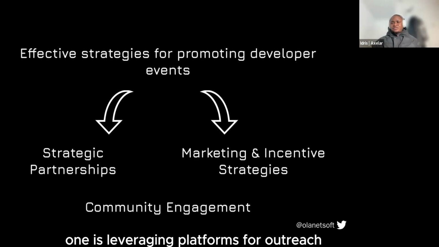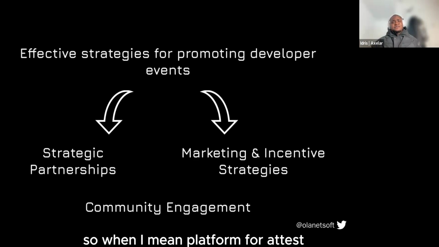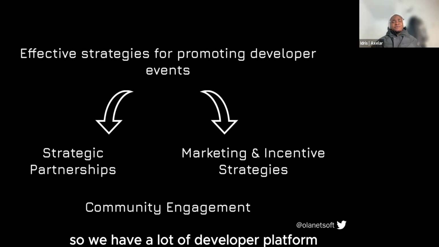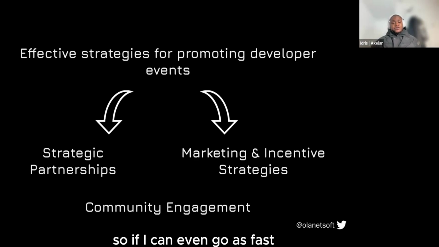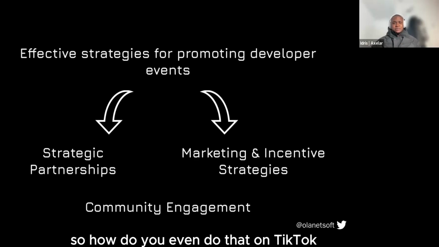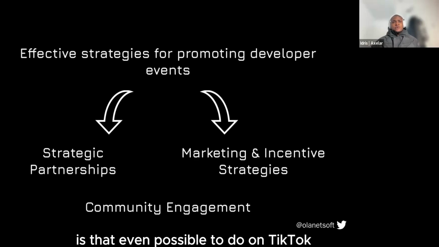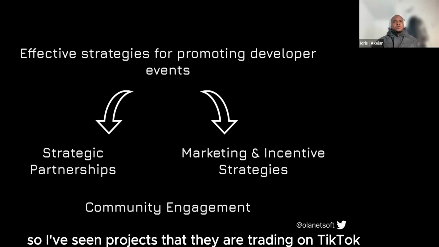Another one is leveraging platforms for outreach. When I say platforms for outreach, I'm specifically talking about developer platforms. We have a lot of developer platforms. In fact, you can even go as far as leveraging GitHub to promote that particular event. How do you even do that on GitHub? Is that even possible? We have seen projects that are trending on GitHub.